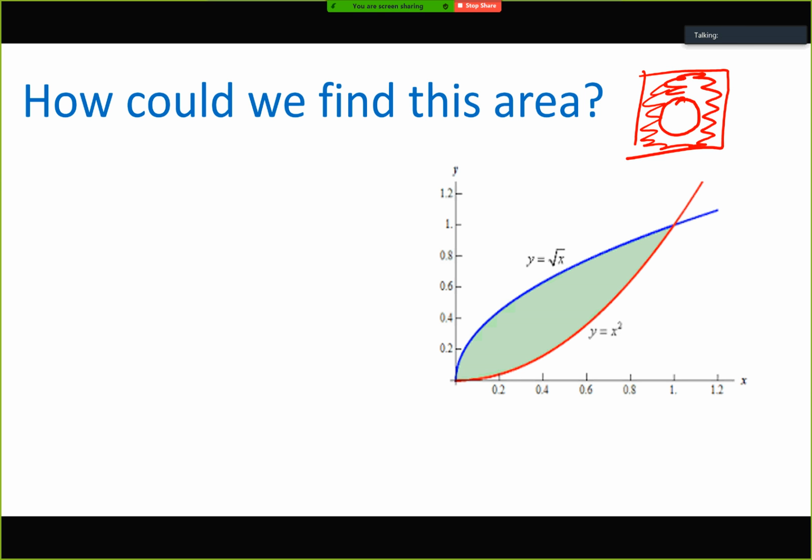So it is taking that top line and subtracting the bottom line from it. So I would have square root of x as my top line, and I'm going to subtract x squared, and all of this is my function dx.